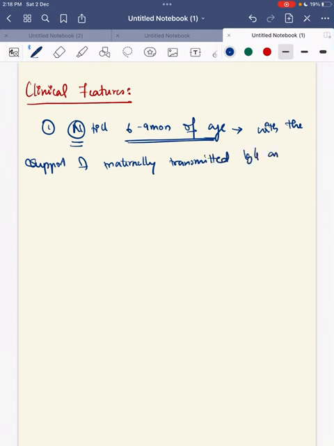After this 6 to 9 months, they will acquire pyogenic infections.